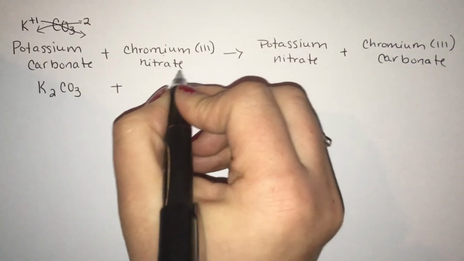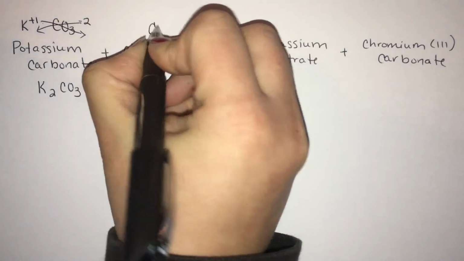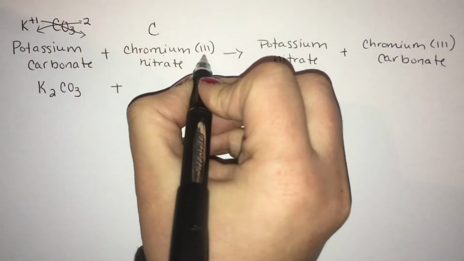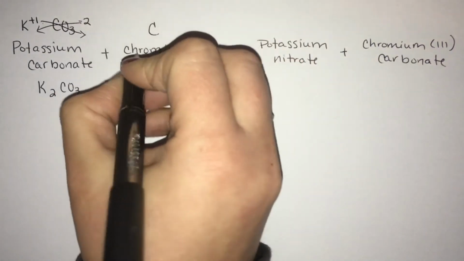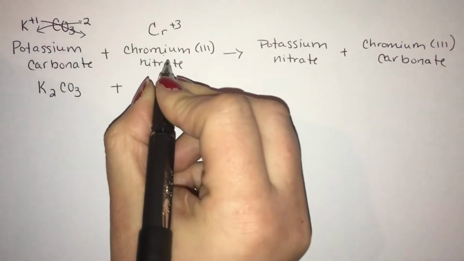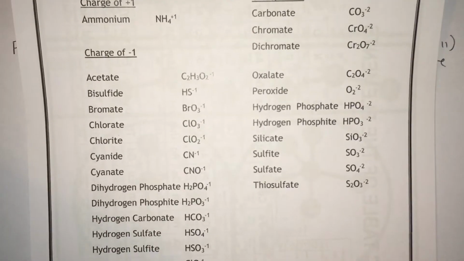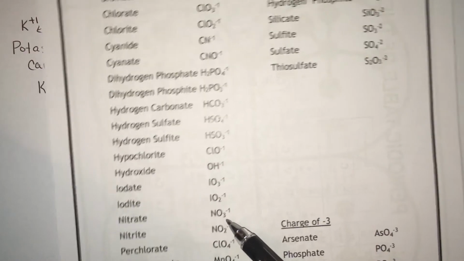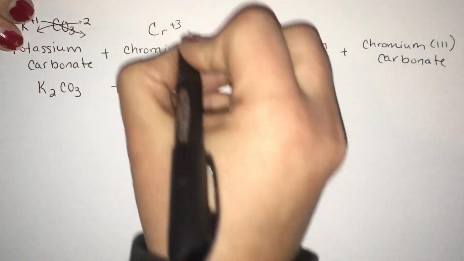We know it's a +3 charge because of the Roman numeral. And nitrate. So remember, don't grab it from here. This is nitride. Nitrate is going to be taken off the polyatomic ions chart. Nitrate is right here. So it's NO3 with a -1 charge.